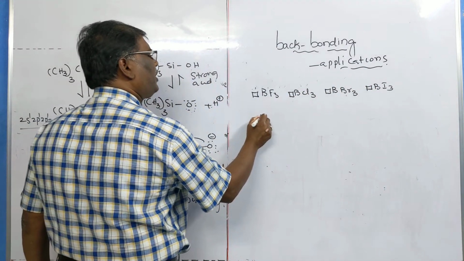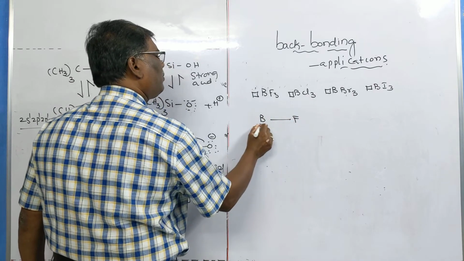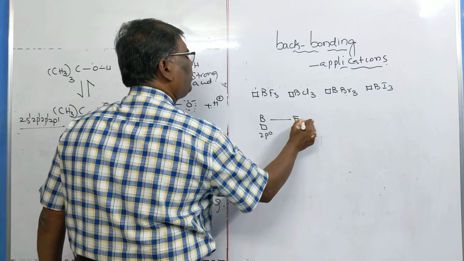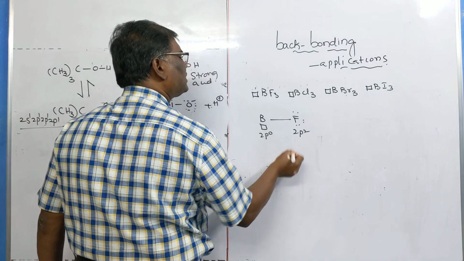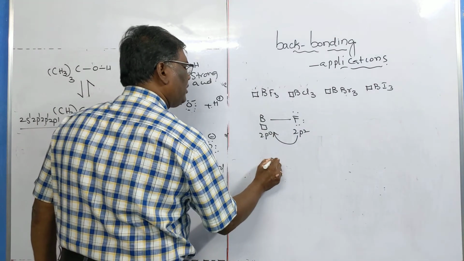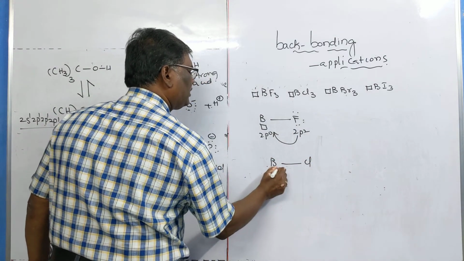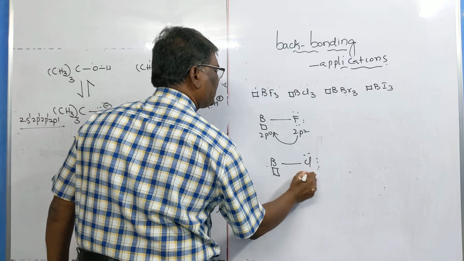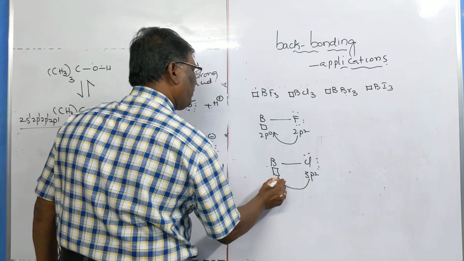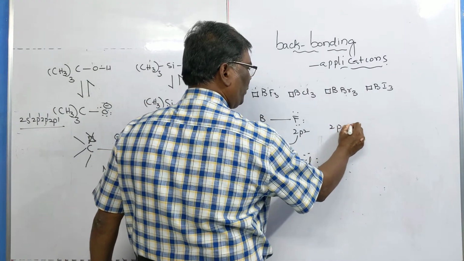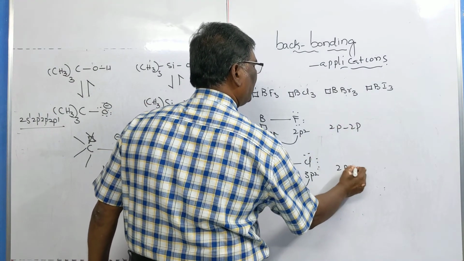Now, between boron and fluorine, boron has a 2p orbital, and fluorine has 2p with a pair of electrons. So there will be overlapping. Whereas between boron and chlorine, there will be overlapping because chlorine has electrons in the 3p orbital. So 3p can overlap with 2p, but 2p with 2p is more effective compared to 2p with 3p.